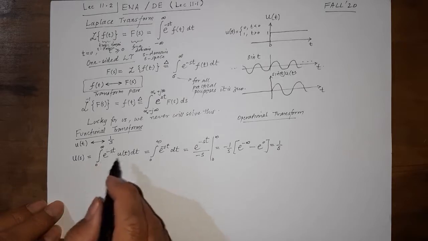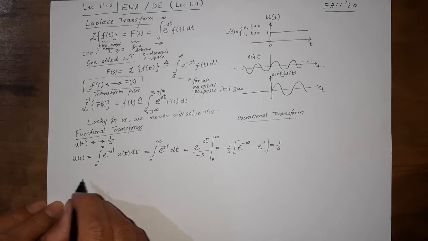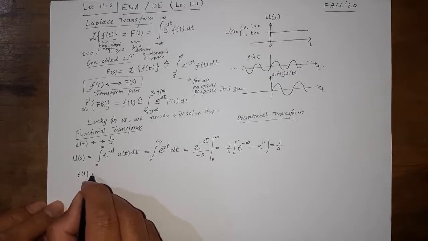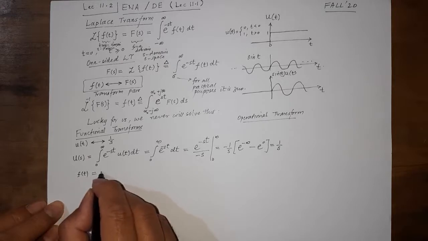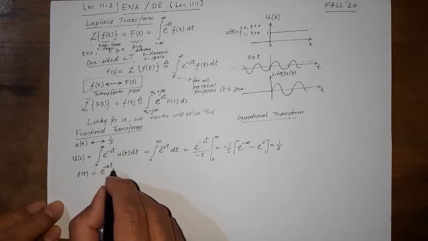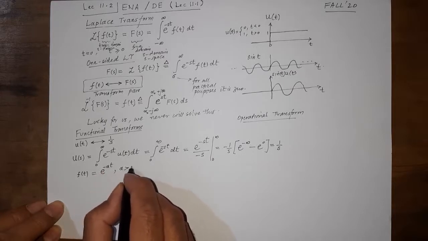Similarly, you can take up the same approach and procedure and find the transform pairs for several functions. Let me do this for one or two other functions. So suppose the function f(t) is an exponential function, e raised to the power minus at, where we are assuming a is positive.